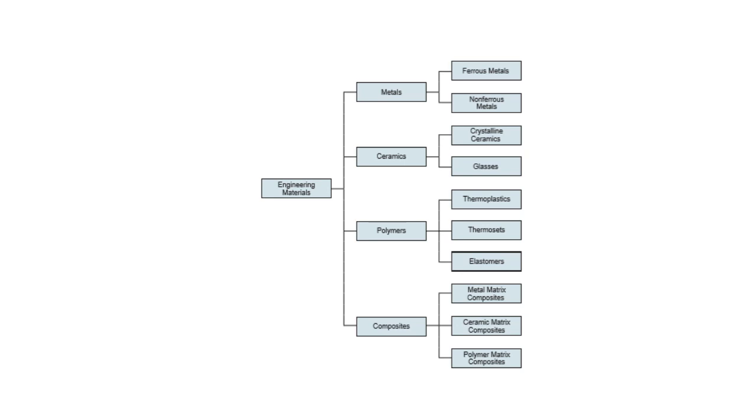So advanced materials like semiconductor, biomedical material, smart material, nano material. So these are about the classification of the engineering materials.